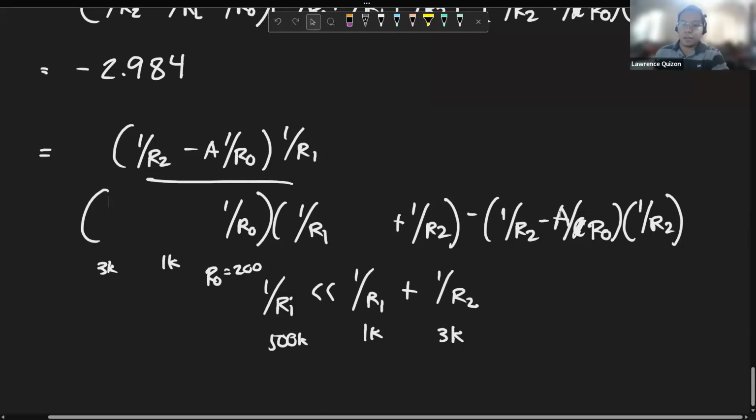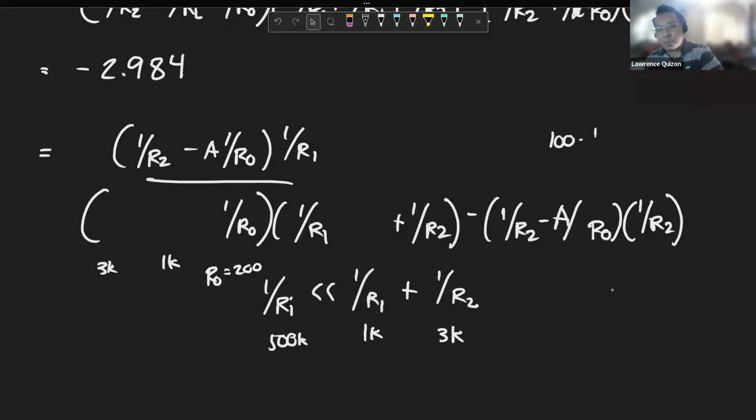Tapos dito, we have a gain multiplied by the conductance of R out. So this one is actually really dominant. Kasi this is 1,000 times 1 over 200, versus 1 over 3K. No? So this one is actually beaten out. Matatanggal si 1 over R2.